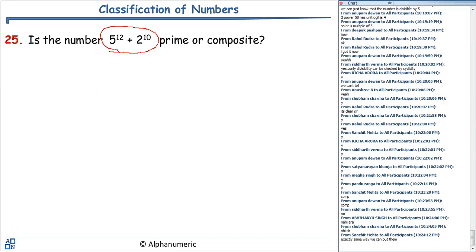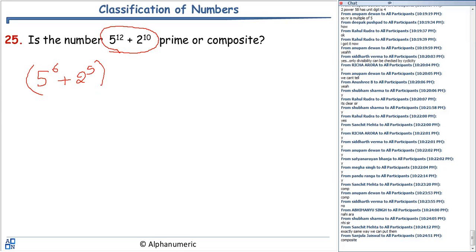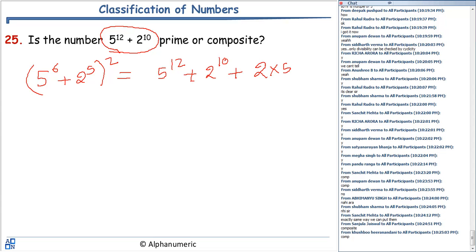I can say that is 5 raised to power 6 plus 2 raised to power 5 का whole square. That is 5 raised to power 12 plus 2 raised to power 10 plus 2ab. That is 2 into 5 का power 6 into 2 का power 5. Alright. Now, so this will come out to be 5 raised to power 6 plus 2 raised to power 5 का whole square minus.